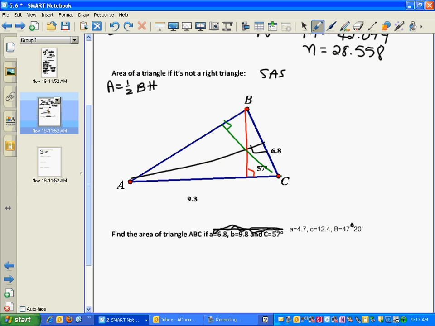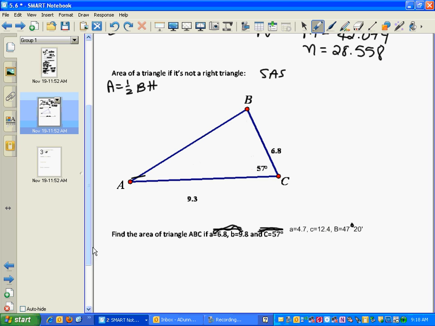I do not want to do the height as it comes from vertex C, because it's cutting 57 degrees in some way, not necessarily in half, and you can't assume that it's in half. So I don't want to use the green one. Or I could use the red one, because again, it's including the 57 degrees, correct? And so just for ease, I'm going to use the red one.